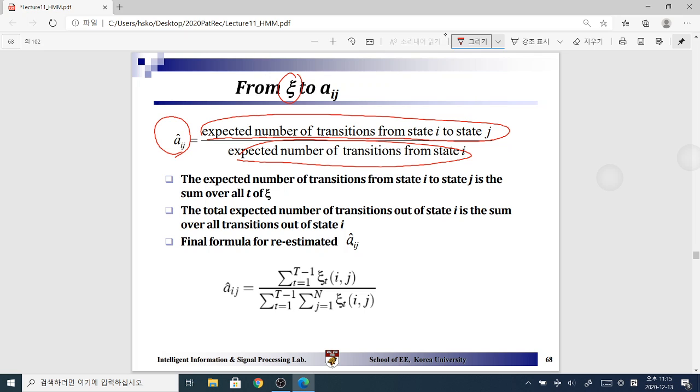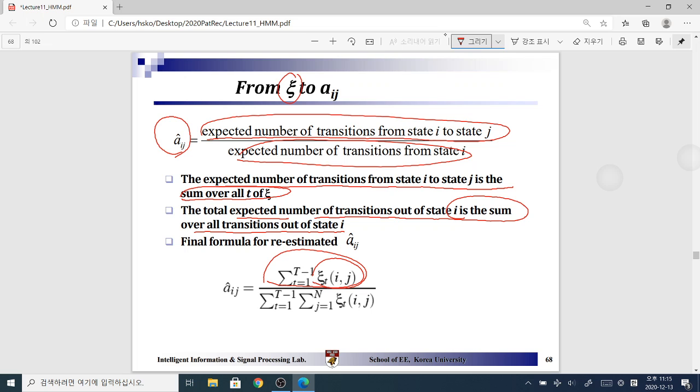This means that the expected number of transitions from state i to state j is the sum over all t, the time, of the cosine. So all you need to do is just sum over all of the cosine over time. And then the total expected number of transitions out of state i is the sum over all transitions out of state i.